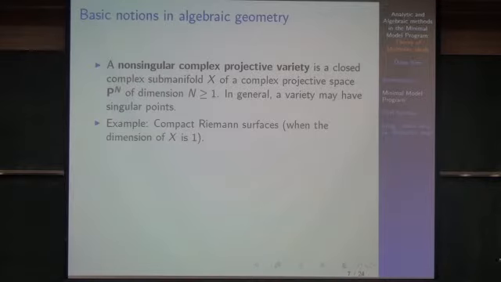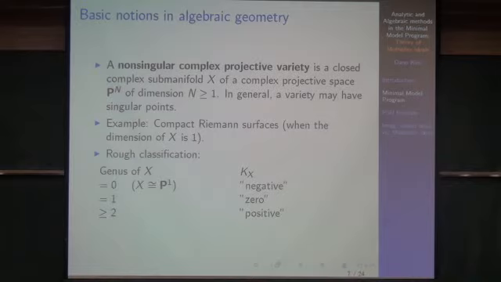There are lots of things you can say about Riemann surfaces, but one very rough classification is that in terms of the genus of X, you can put all compact Riemann surfaces into three classes. When the genus is 0, and when the genus is 1, it corresponds to elliptic curves, and all the others form the third category.